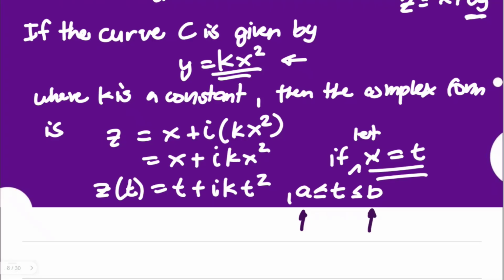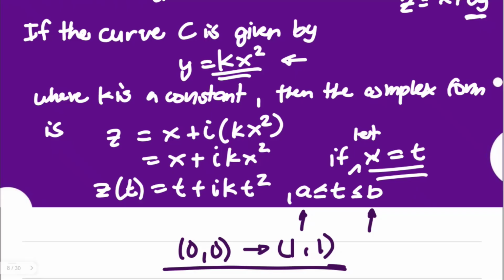So if, let's say, our curve is actually from 0, 0 to 1, 1, our a would start from 0 and would end at 1, because that's the direction of the curve, meaning the smallest value along that portion of the curve from 0, 0 to 1, 1 for a quadratic form is actually 0, and the largest point is 1.